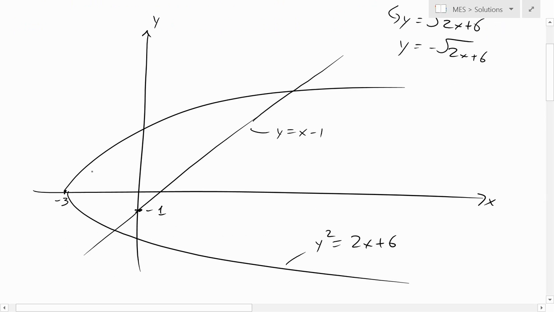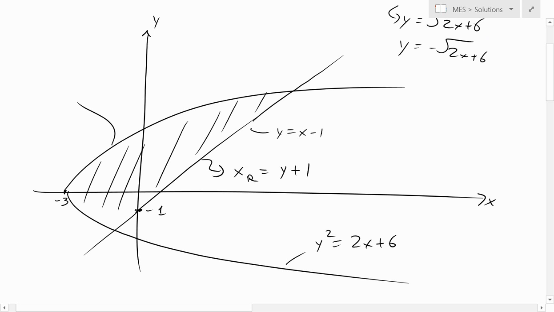So we want to find the area of this region, and like I showed in my earlier video, I'm going to write both sides as functions of y. We'll call this x_R, the right side, which equals y plus 1.